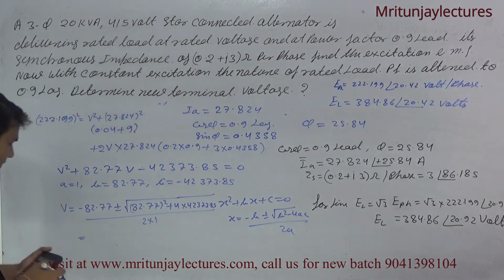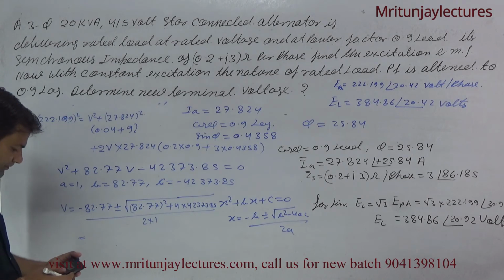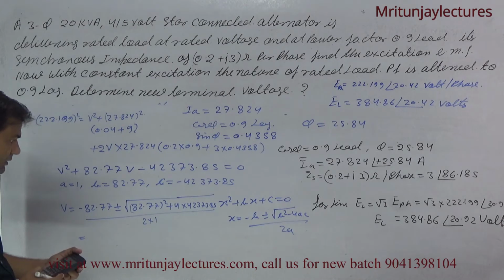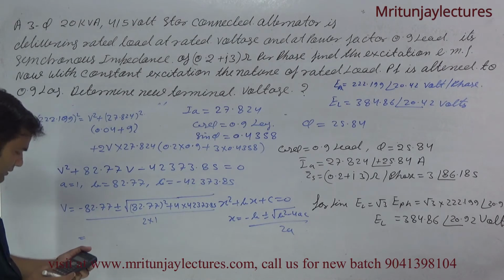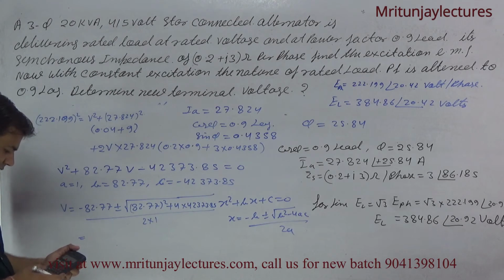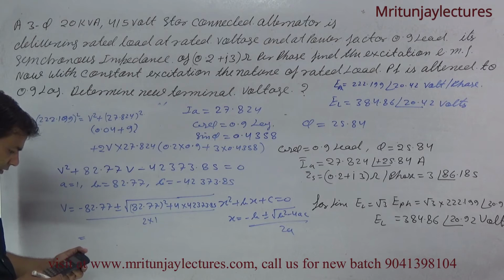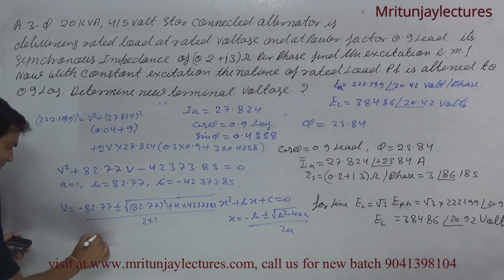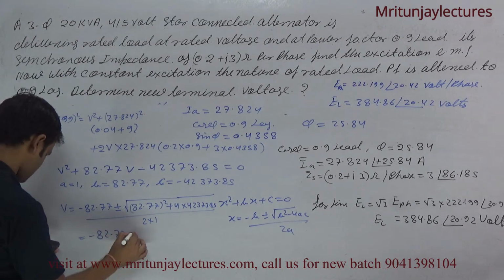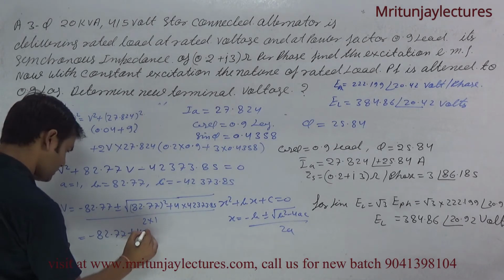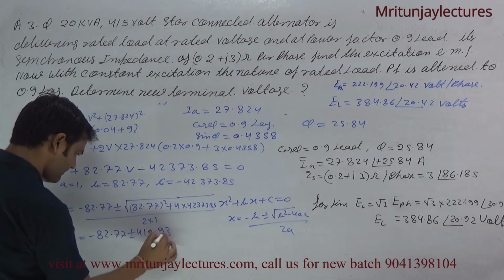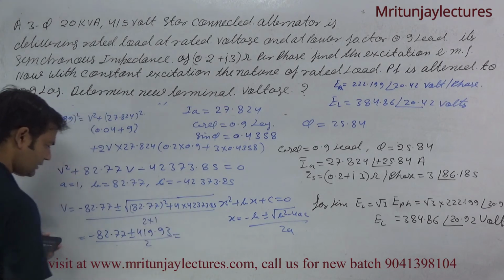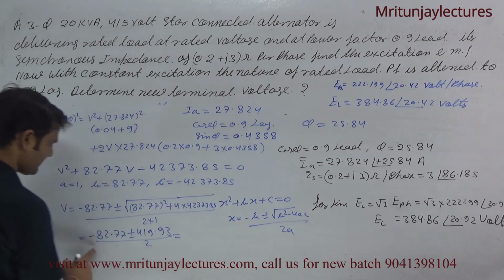We got under root of this, minus 82.77 plus minus 419.93, divided by 2. Take positive.